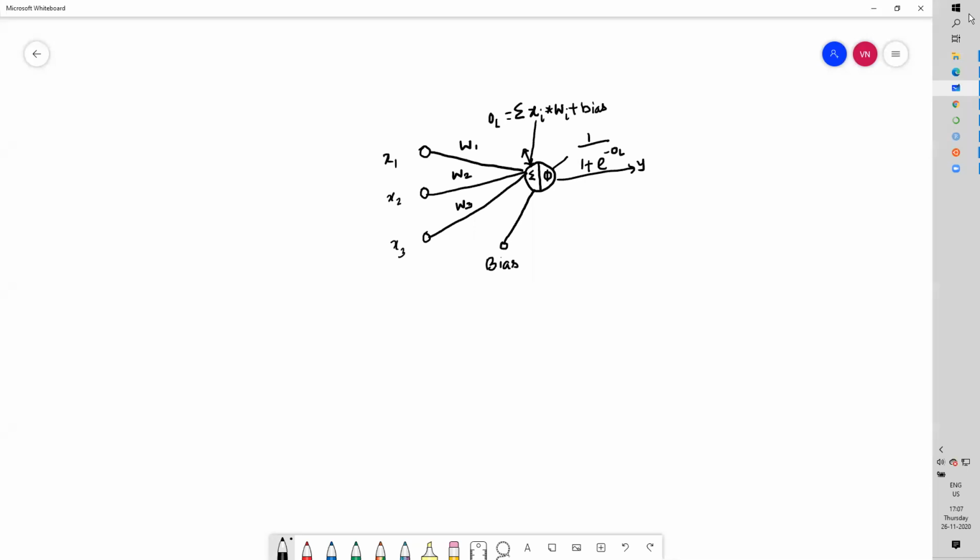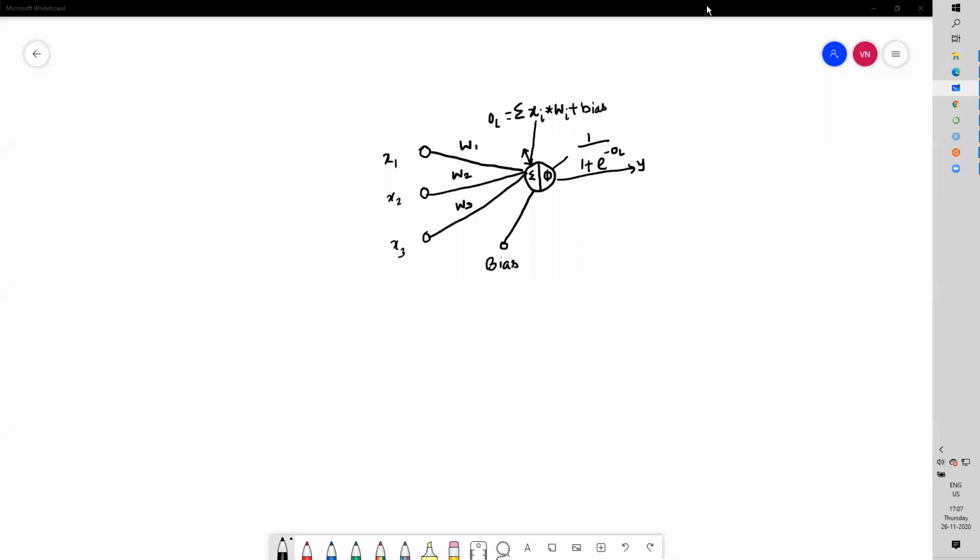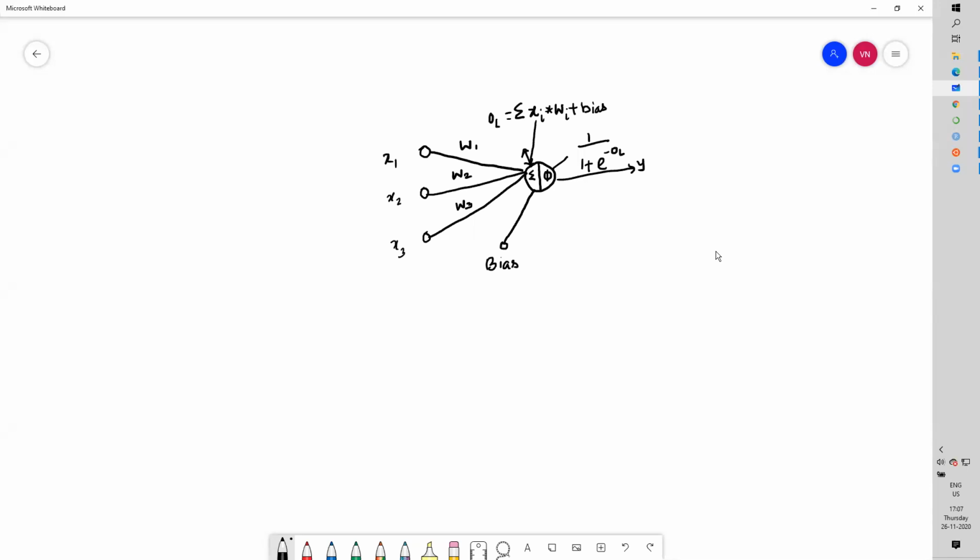Then the error part E is going to be the difference between, let's say we call this OR, the output of this is OR. So the error is y, which is the original yi, minus yi hat.